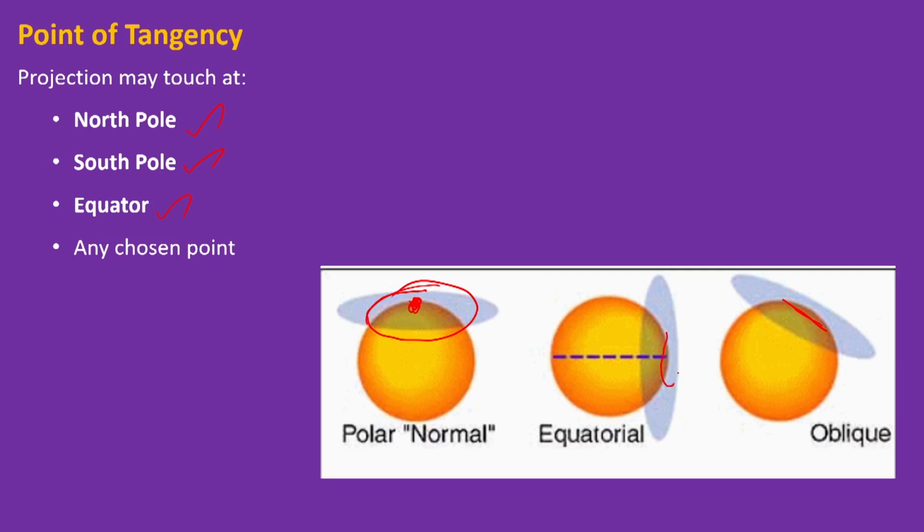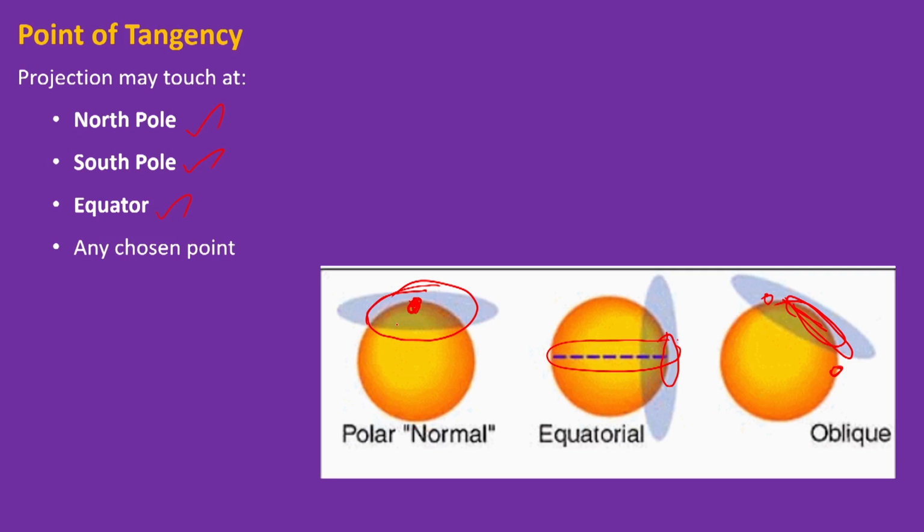If you are touching on the equator, the complete equator area will get projected. When you are touching on the oblique, in between polar and equator, this particular region alone will get projected. This is mainly for any zones or countries falling between the polar and equator areas, where we can go for the oblique type. Wherever you touch the globe, that area alone will get projected.